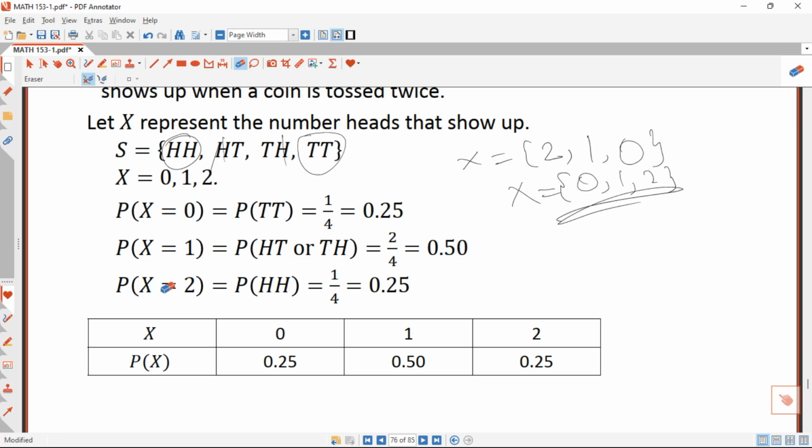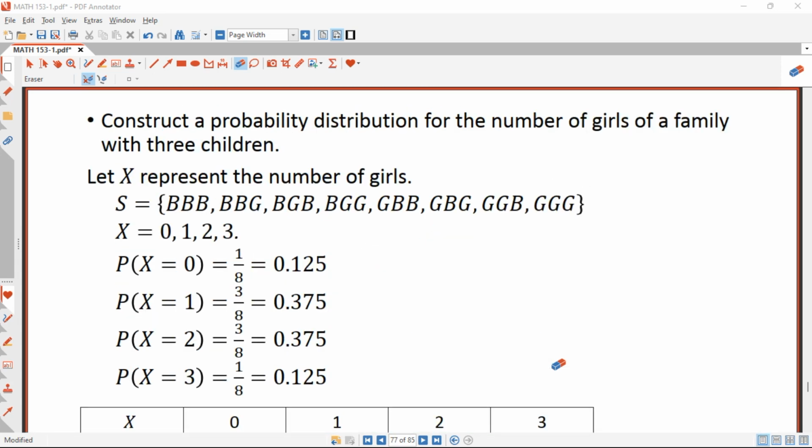The probability that our x is equal to 2 means that we have 2 heads, which is 1 divided by 4, equal to 0.25. So when we add everything, you are supposed to get 1: 0.25, 0.5, and 0.25. When we add everything, we get 1, which is our answer.